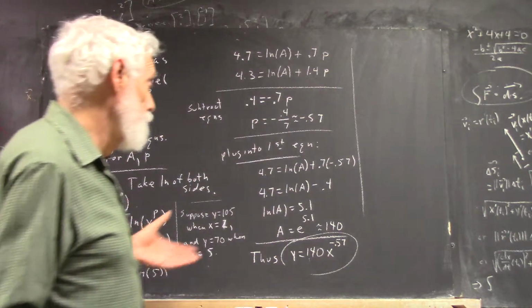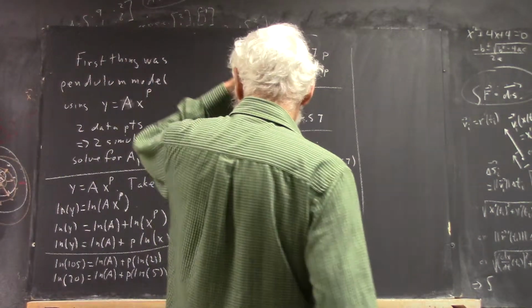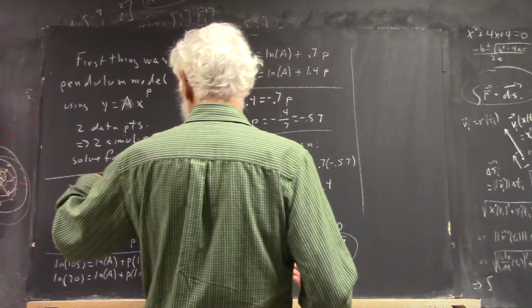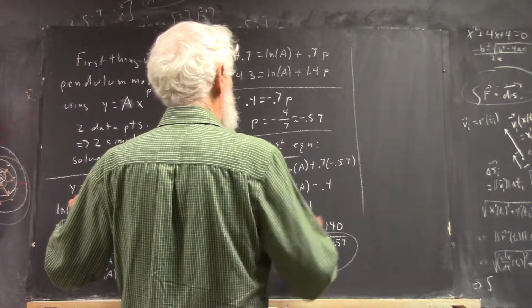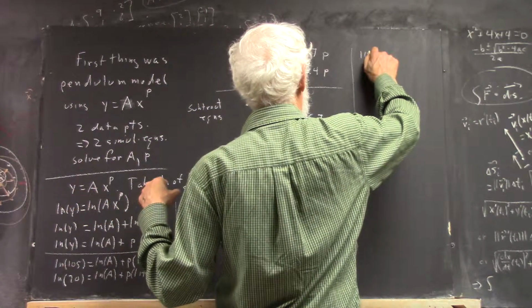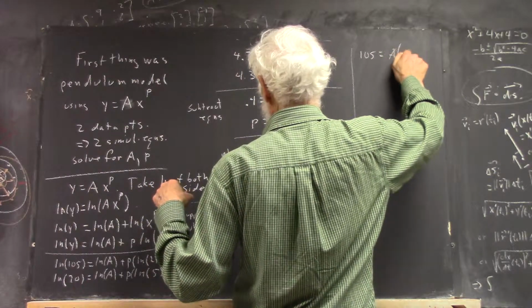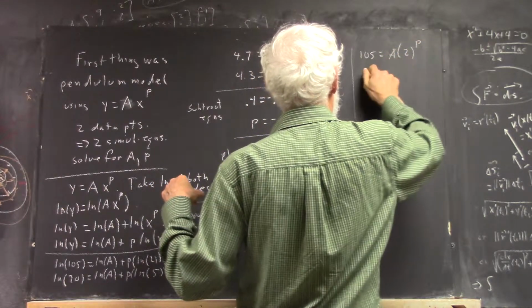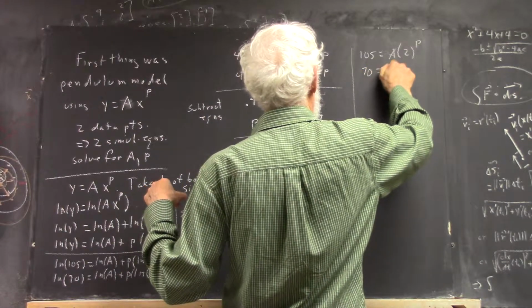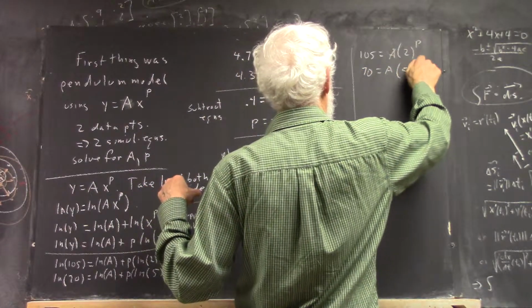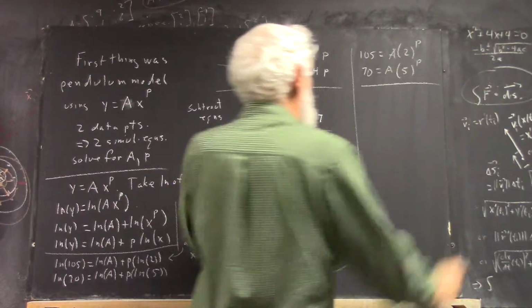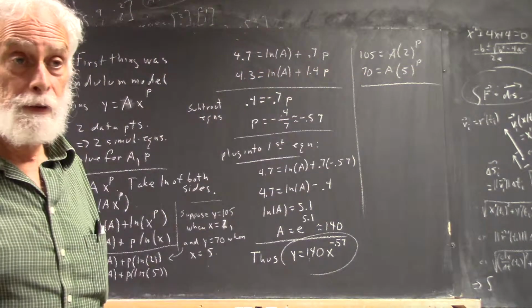If you use the LOG log, you're still going to end up with the same answer. Okay, so if I plug these points into this form, I get 105 equals A times 2 to the p. And I get 70 equals A times 5 to the p. How do I solve these equations?